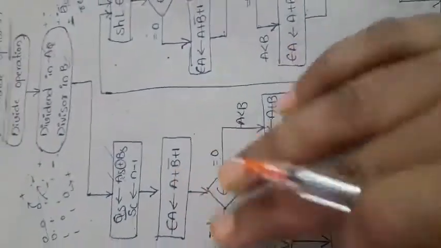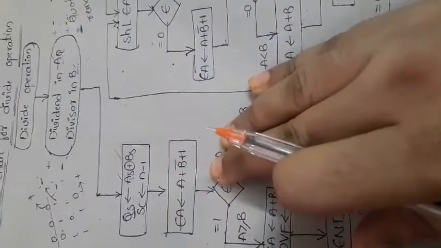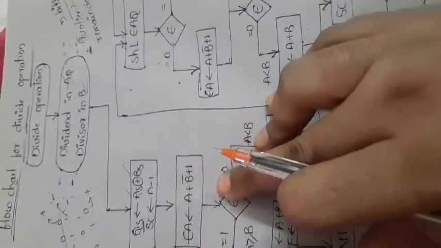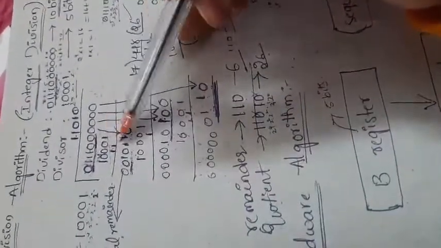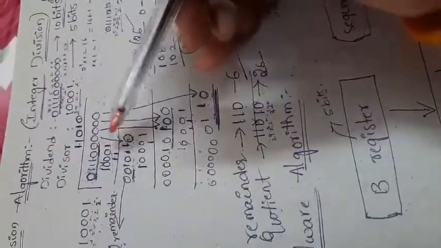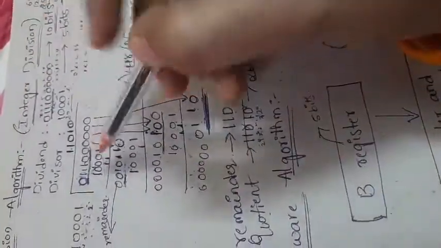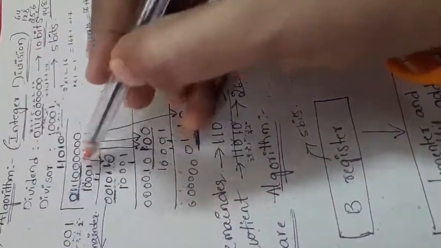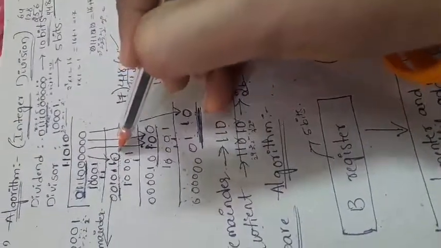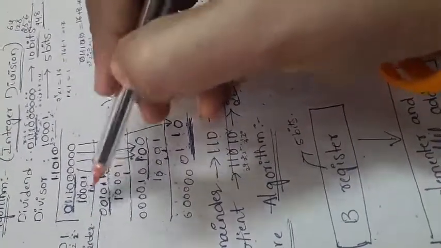Next, in order to determine whether there is any overflow or not, we have to subtract the divisor from the dividend. Any overflow has to be checked with the subtraction operation.